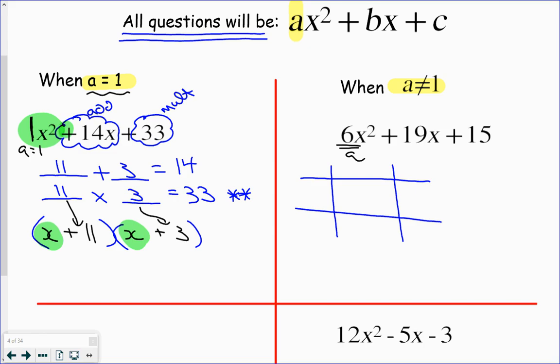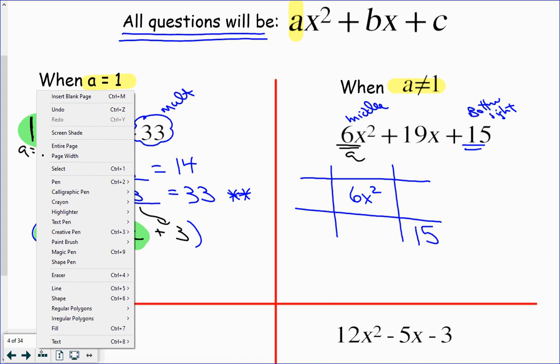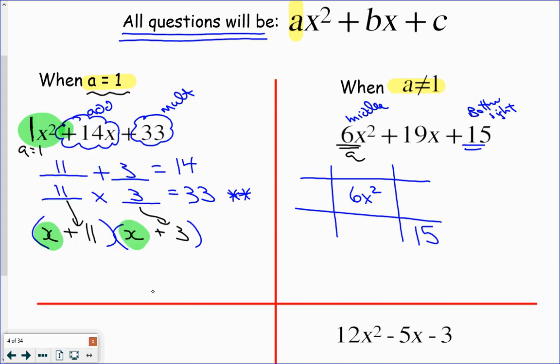So the 6x squared always goes in the middle square. The plus 15 always goes in the bottom right. Now what I like to do is use a highlighter to highlight my diagonal.